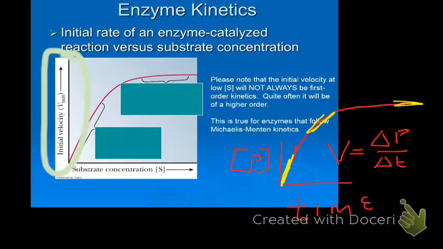So you have to define where you want to talk about your velocity. They always do it at this end, what's called the initial velocity, because that's what you always compare all enzymes with. So from now on, whenever we talk about V versus S or Michaelis curves, they're always talking about the initial velocity. Otherwise, at some point, the velocity is going to approach zero. It's a limit.